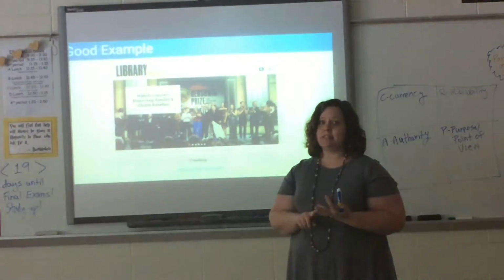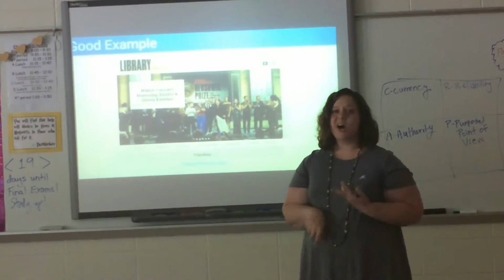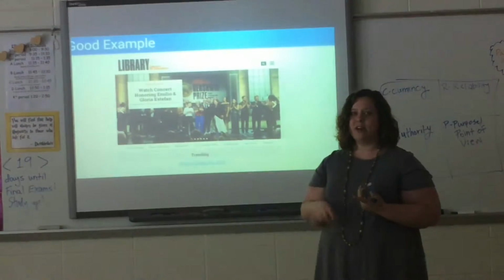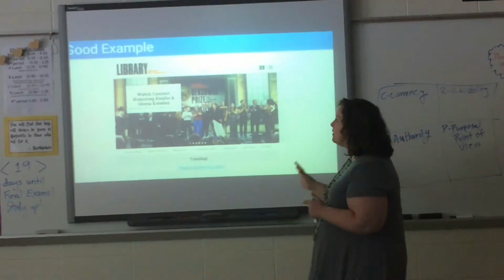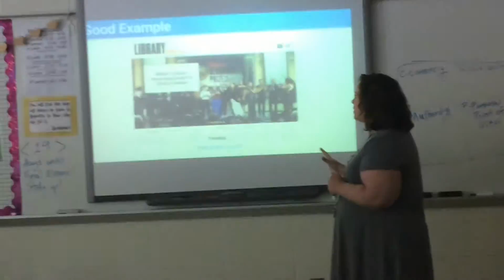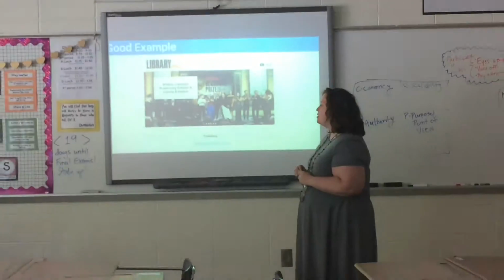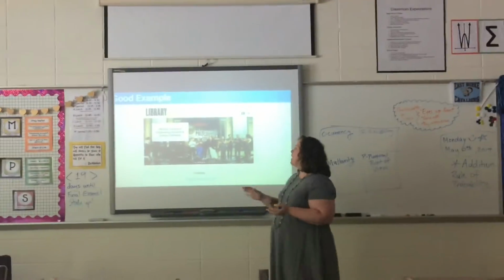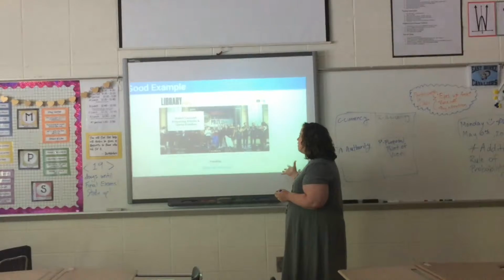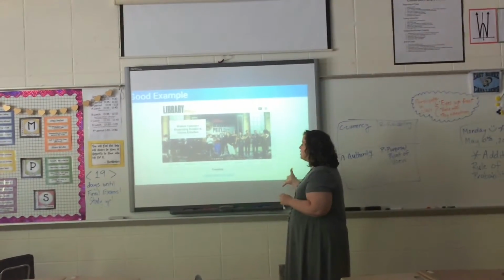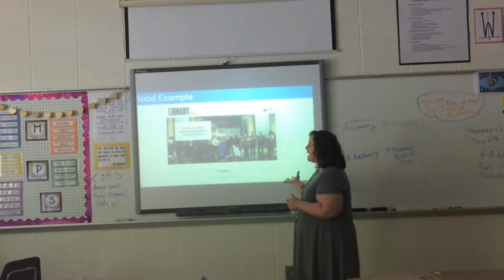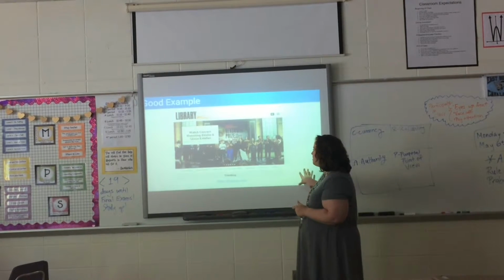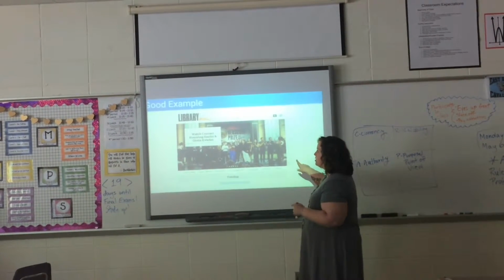It's accurate, it has citations, it has the author, it has the date. So this is an accurate website for you to use to cite any information for your topic. You can also use any type of government website. They have a lot of research that you can use in your papers.